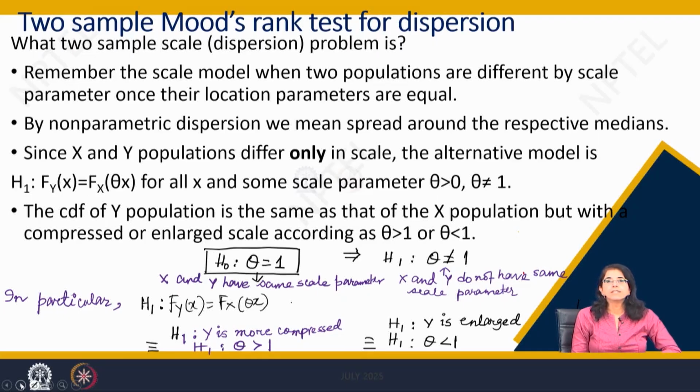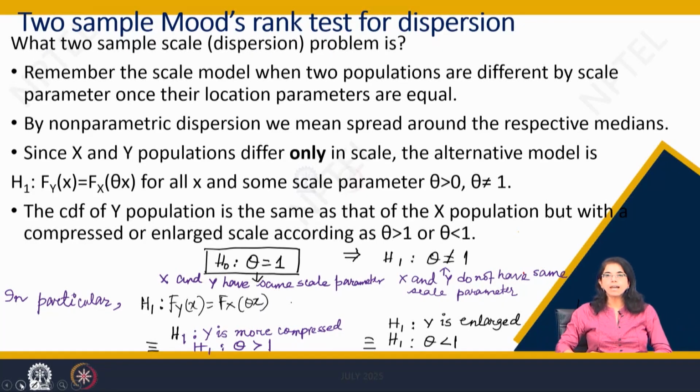Clear? So the cumulative distribution function of the Y population is the same as that of the X population, but with a compressed or enlarged scale according as θ greater than 1 or θ less than 1. Compressed means more coagulated, more squeezed, and enlarged means more scattered.